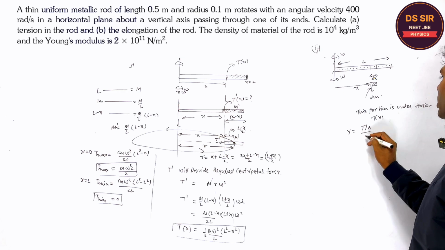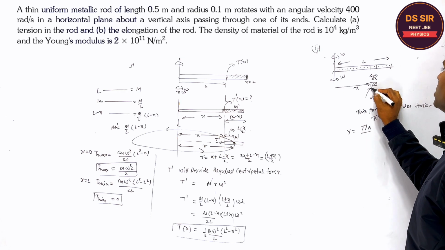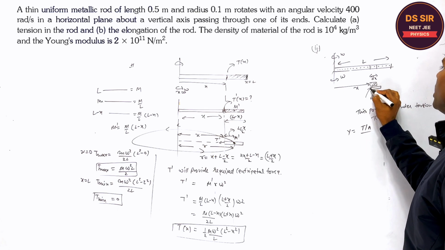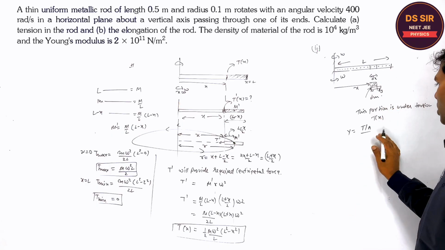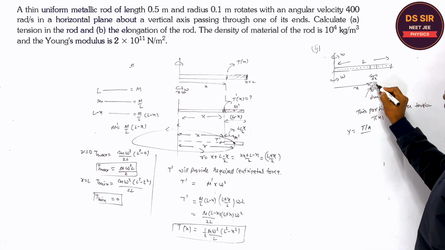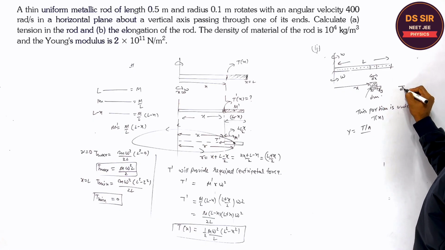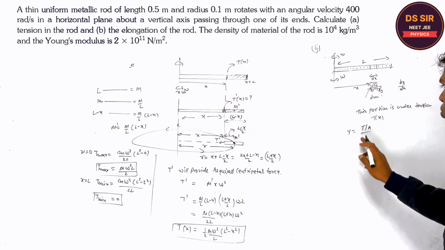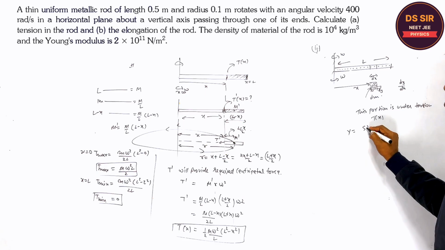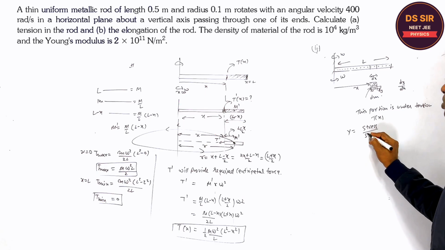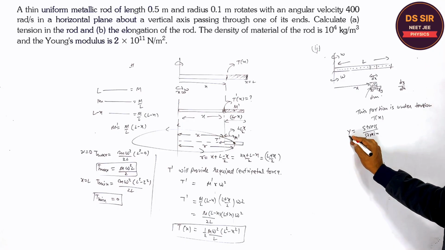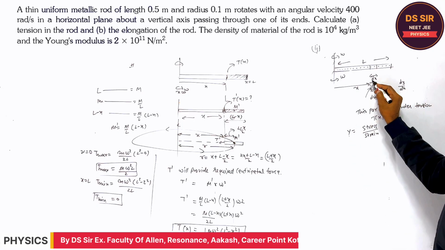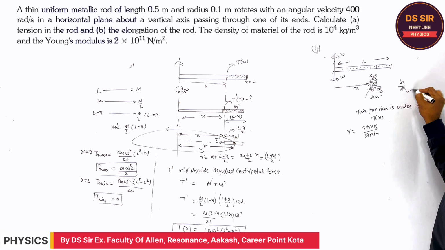When the tension is produced, suppose the elongation is dy. What is the original length? Say dx. What is the increment? Small increment, say dy. I am writing this expression for this elemental part. The original length is dx.